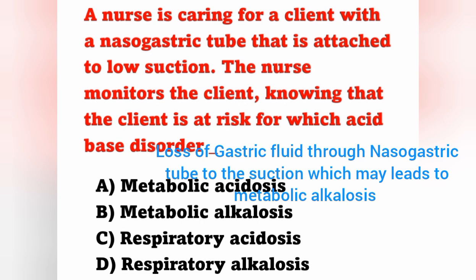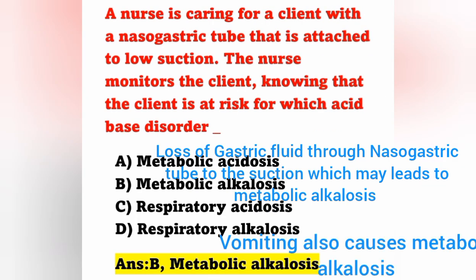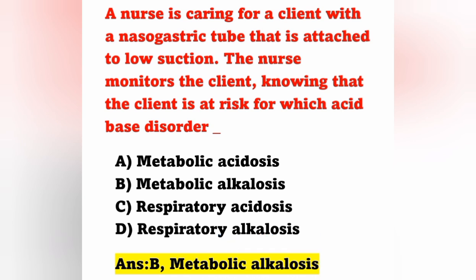Gastric fluid is an acidic medium, and this acidic fluid is lost through the NG tube, so there is a chance of metabolic alkalosis. Option B is the correct answer. Excessive vomiting can also lead to metabolic alkalosis. Move on to the next question.